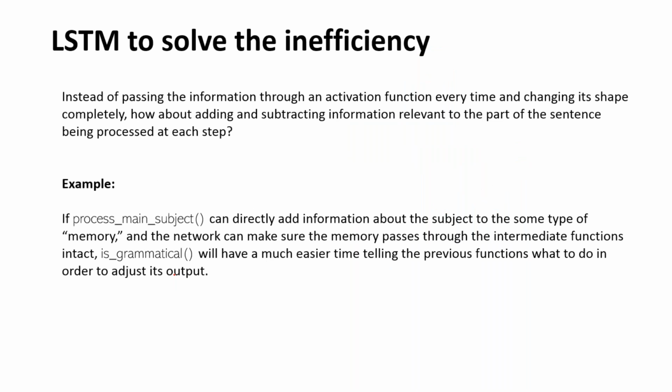So LSTM helps in solving that inefficiency of RNN. Instead of passing the information through an activation function every time and changing its shape completely, we add or subtract information relevant to the part of the sentence.